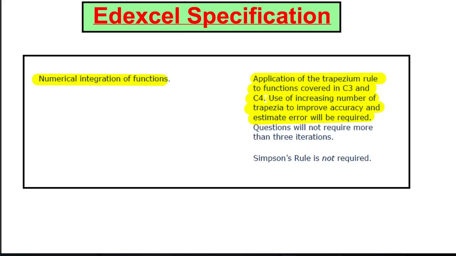It does say here that questions will not require more than 3 iterations, and Simpson's rule is not required. So it's a discrete one-off topic that we can cover in one video.